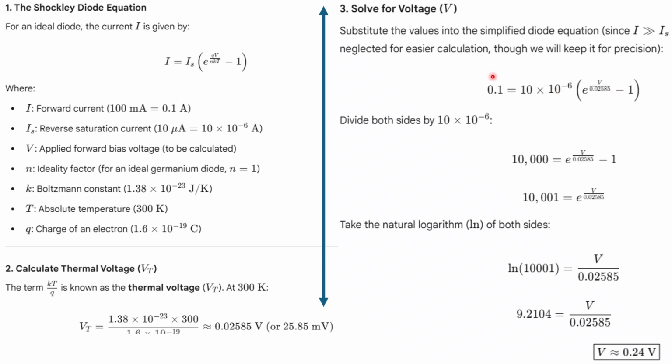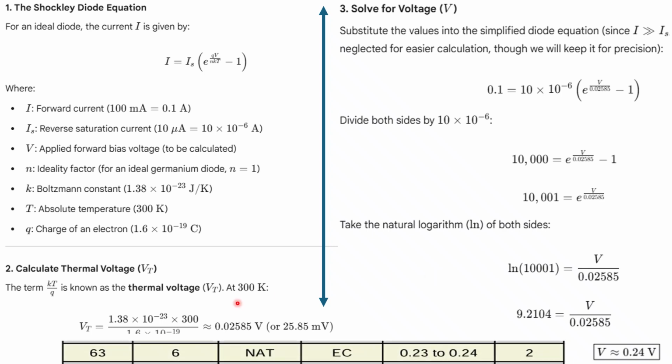Put in the values: Is equal to 10 microampere and current I equal to 100 milliampere, which is 0.1 ampere. Now put all the values in and get the value of voltage. If you solve, you will get V equal to 0.24. This will be your answer, and according to the answer key, it should be between 0.23 and 0.24.